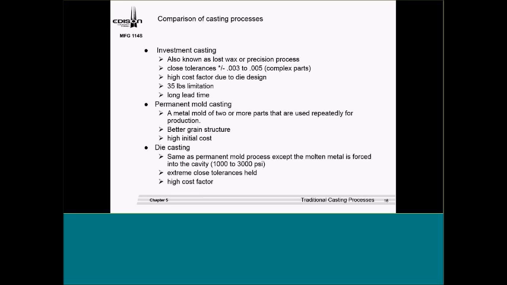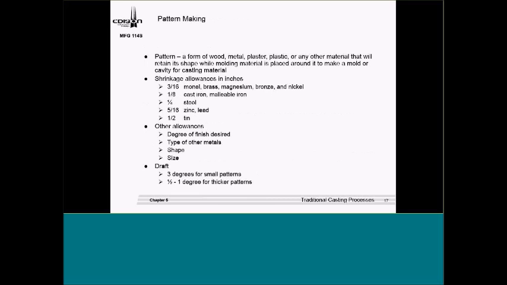Extremely close tolerances are held, and again, you have a very high cost factor. So it really depends on what you're going to be doing with your part, and what kind of post work you are going to have to do after you cast the part.